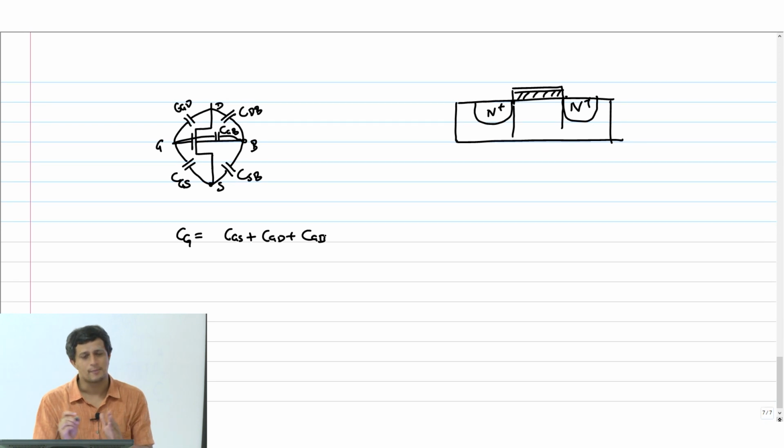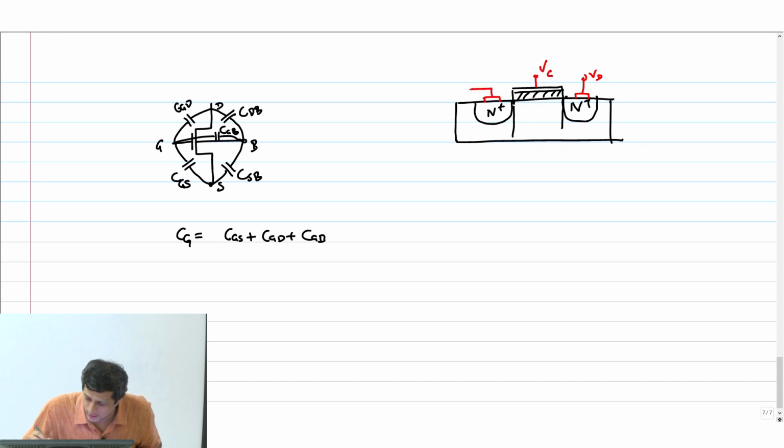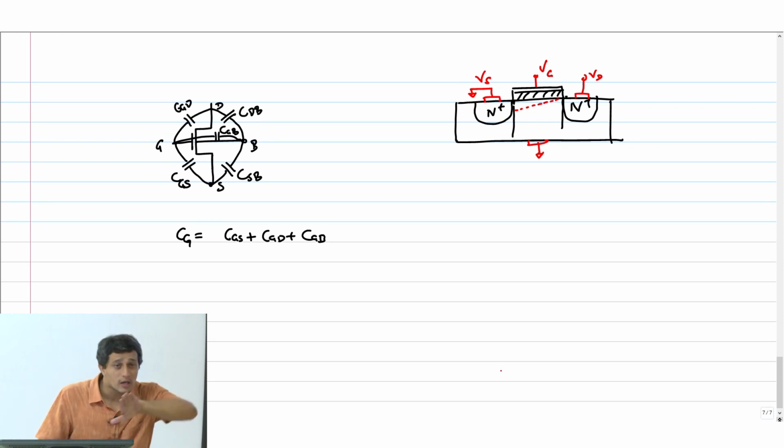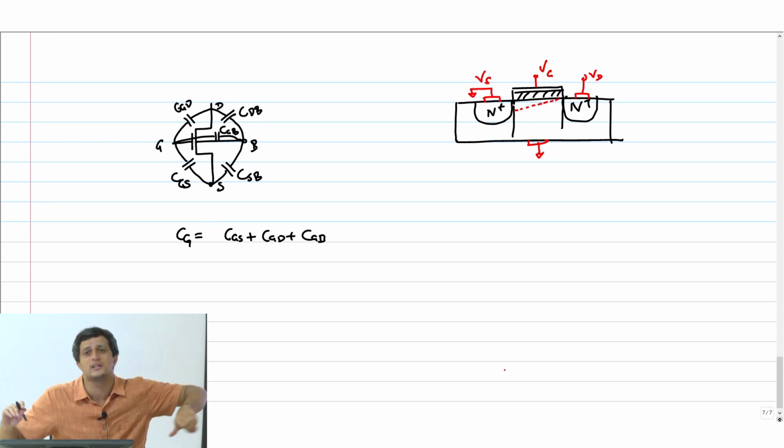I am writing this as 3 components because when you now go into saturation region, suppose this is my source and this is the drain, VD, VG and this is VS, and body is also grounded. When you go into saturation region, I told you that the channel will pinch off, which means there is more charge on the source side than the drain side.